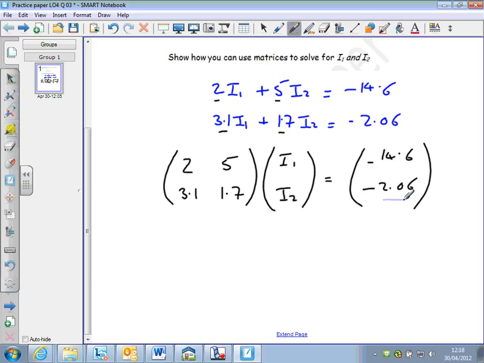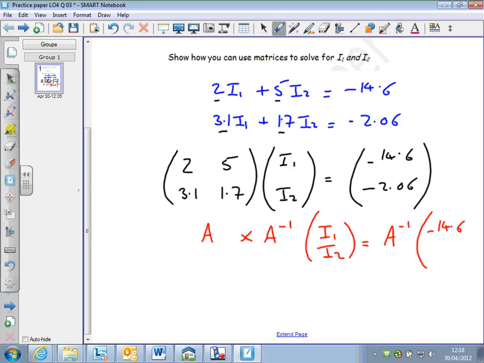We use the idea that if we call this matrix A and we multiply it by its inverse, which we're going to find, the inverse or reciprocal, then times that by I1, I2, that will equal the inverse of that matrix multiplied by minus 14.6 over minus 2.06.